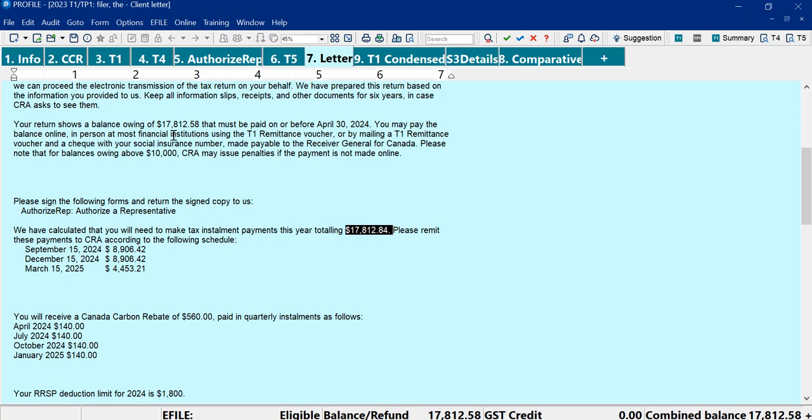This is kind of confusing for people looking at this letter that are not familiar with taxes. So what it is though is the balance owing is the balance owing. You have to pay it by April 30th. The installments are to pay ahead for the 2024 tax year.